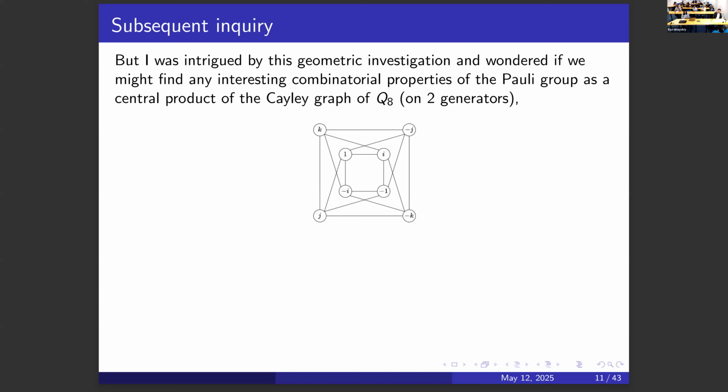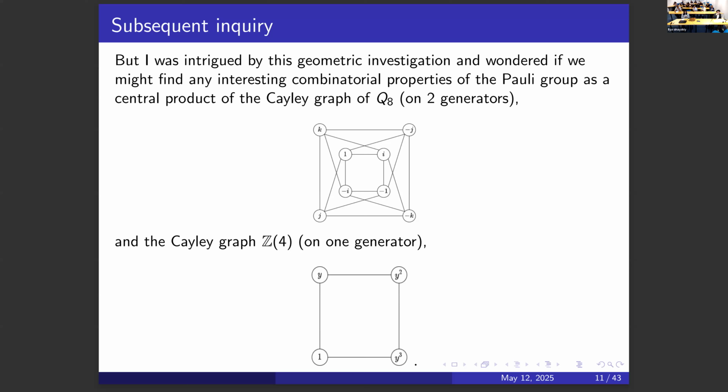And so I wanted to look at the Cayley graph of Q8 on 2 generators, which looks like this, and the Cayley graph of Z4 with 1 generator, which looks like this.